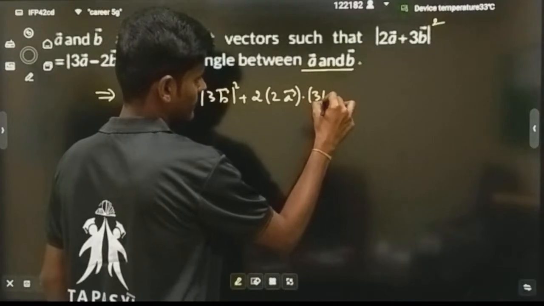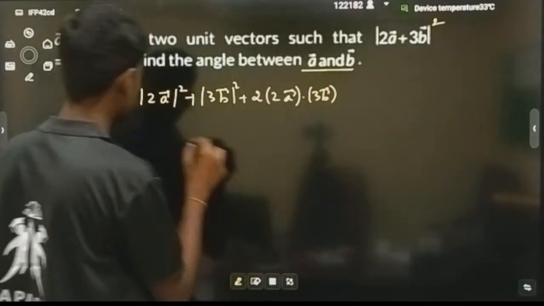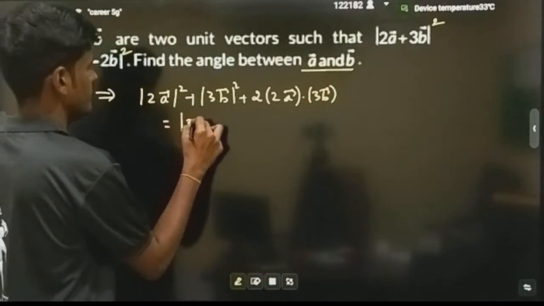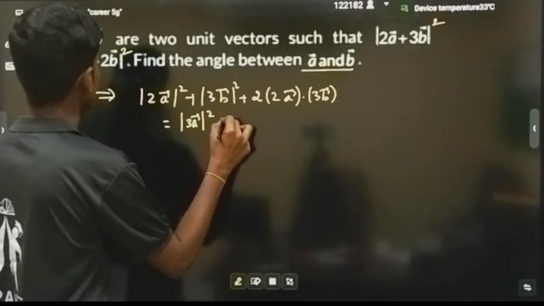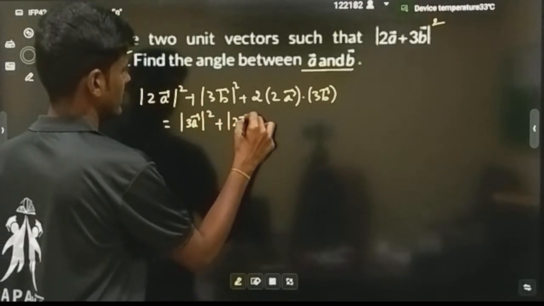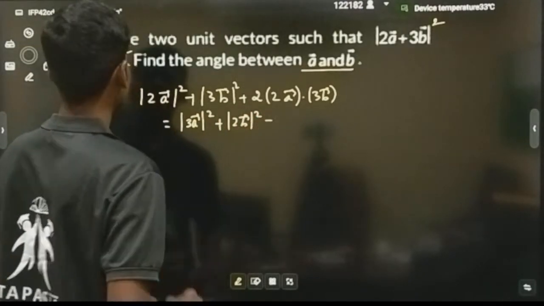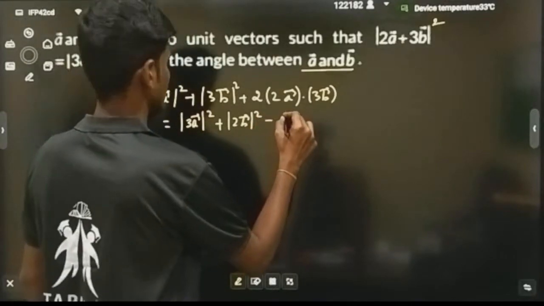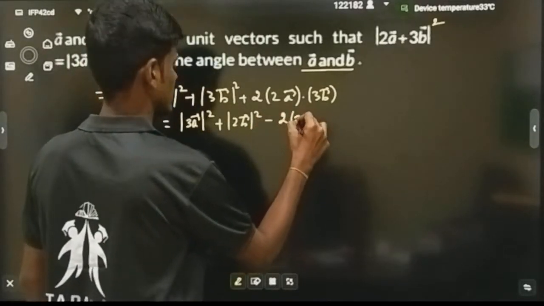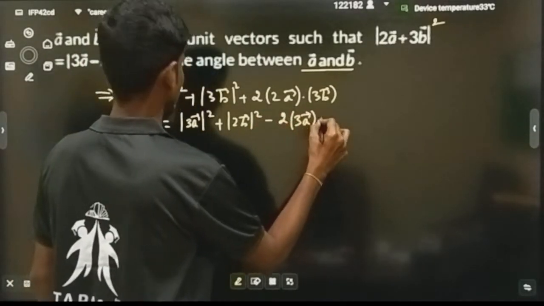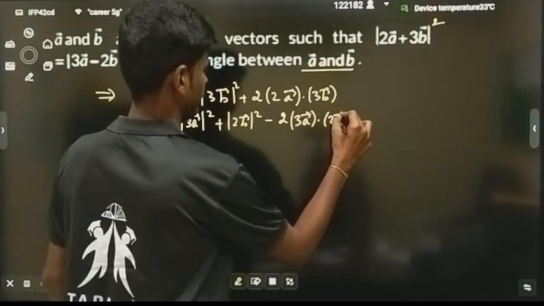This is equal to magnitude of 3A vector square plus magnitude of 2B vector square minus 2 times 3A vector dot 2B vector.